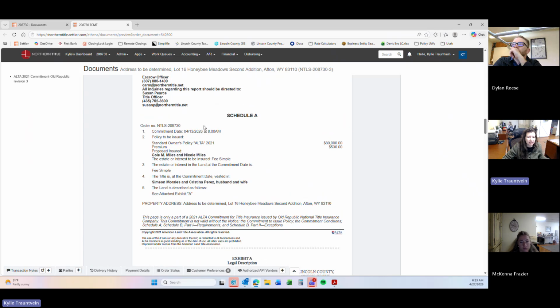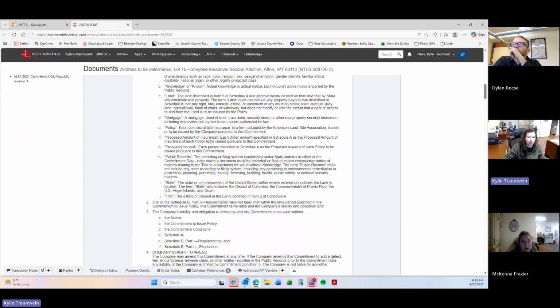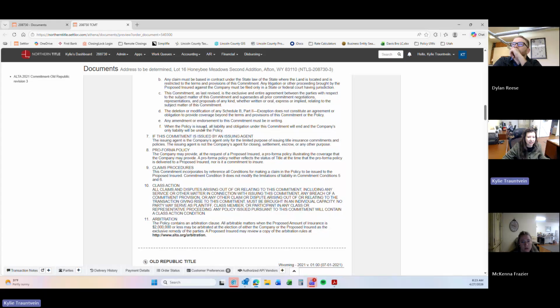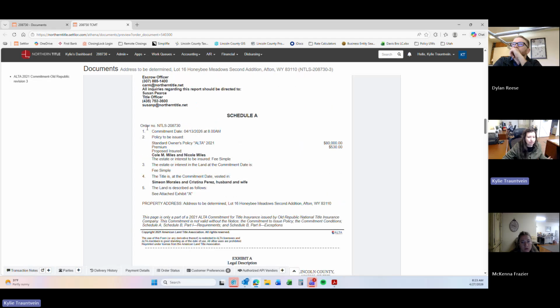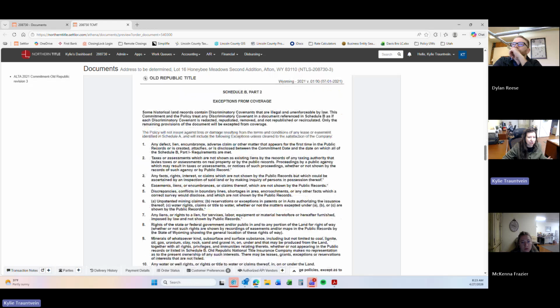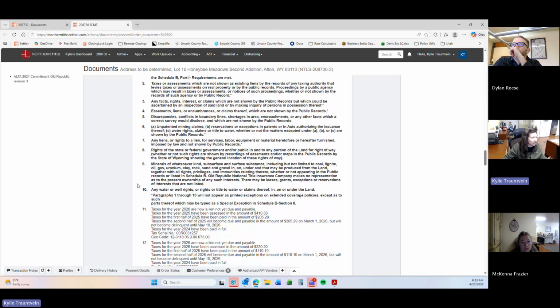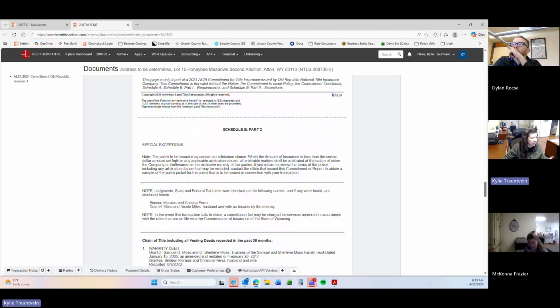So with a standard owner's policy like this, the jacket to the commitment goes over coverages and things like that. The jacket to the final policy also will go over what types of things are covered on the policy. And then when we do a standard owner's policy, these exceptions, which are basically things that we're saying we don't cover because they're either known issues on the property or just risks that we don't cover, all of these exceptions stay on a standard policy.